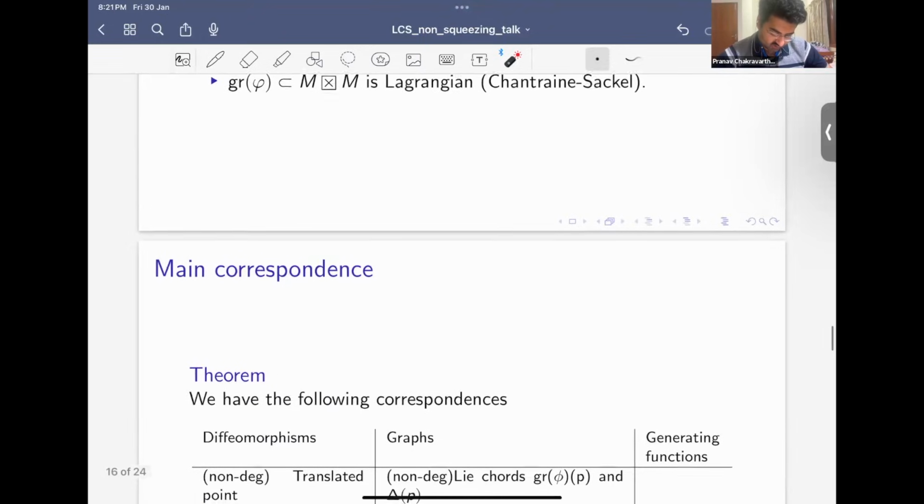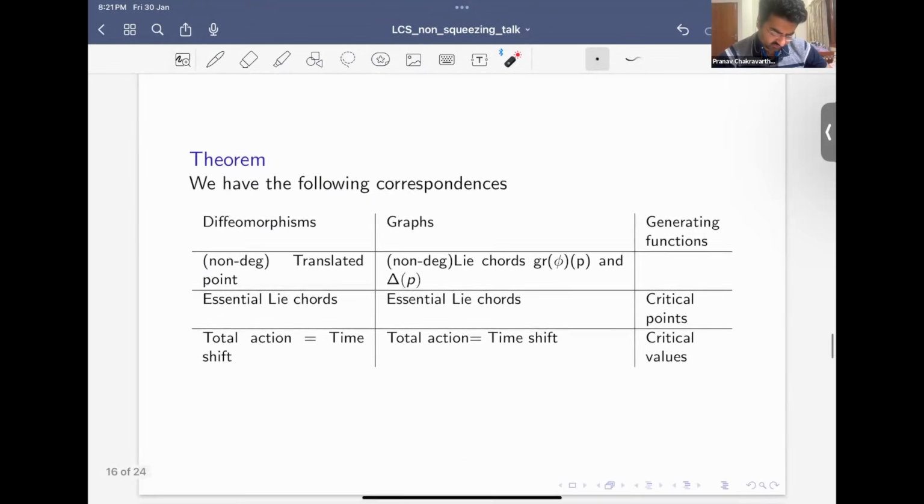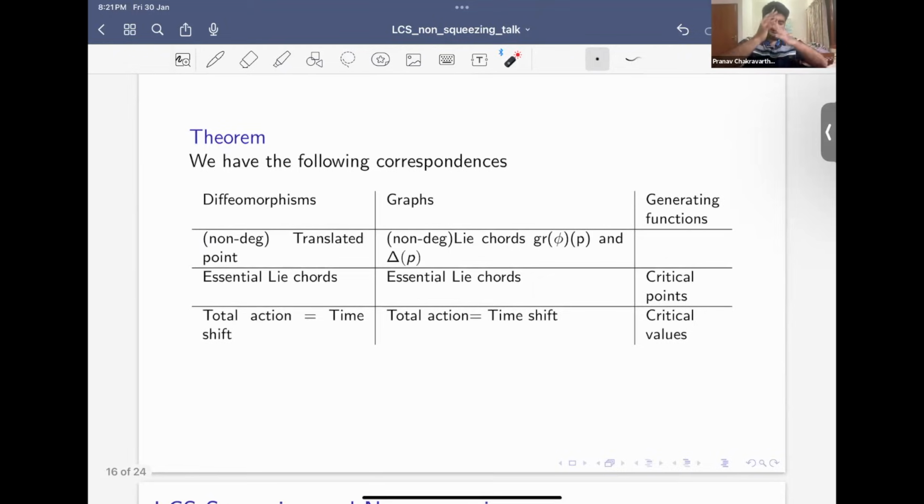Okay, so once we are able to associate generating functions to diffeomorphisms, we basically have the following correspondences. Translated points of diffeomorphisms correspond to Lie chords between the graph of the diffeomorphism and the graph of the identity.